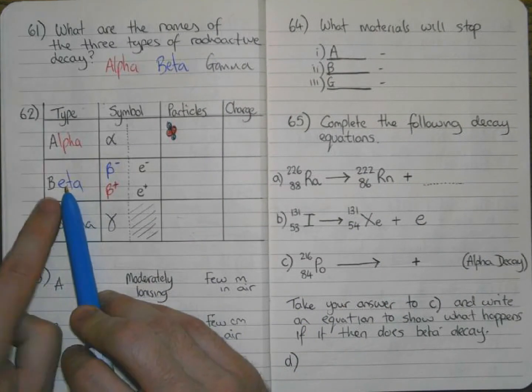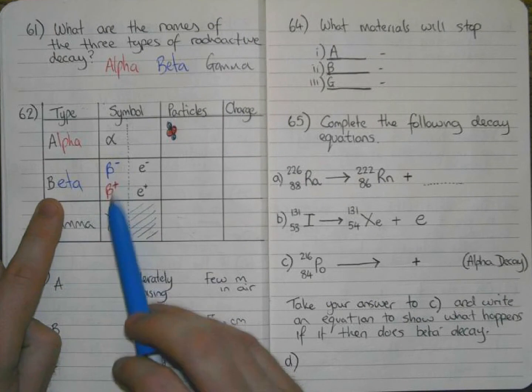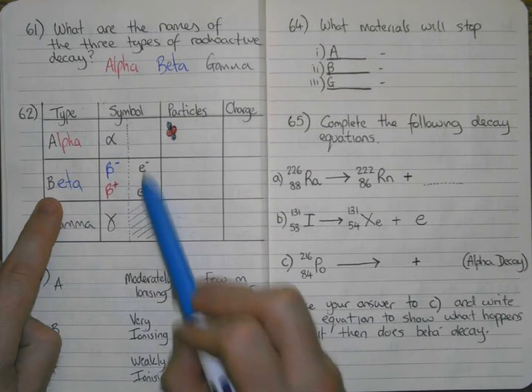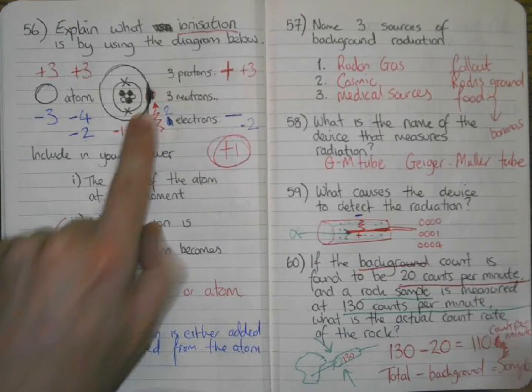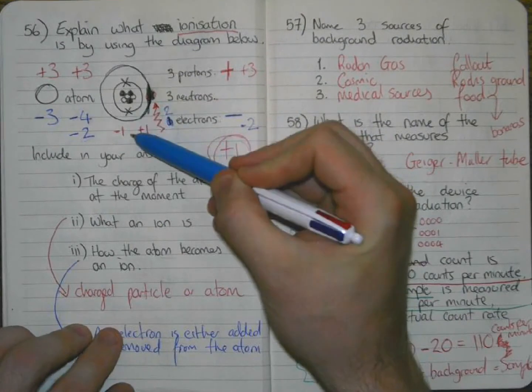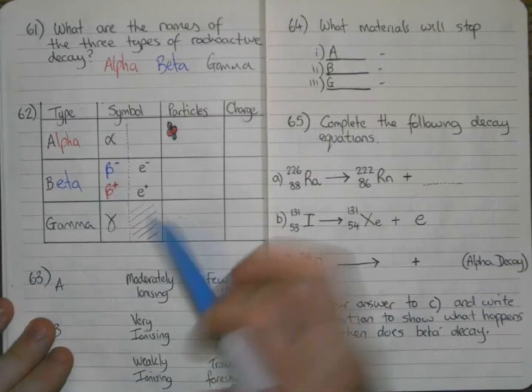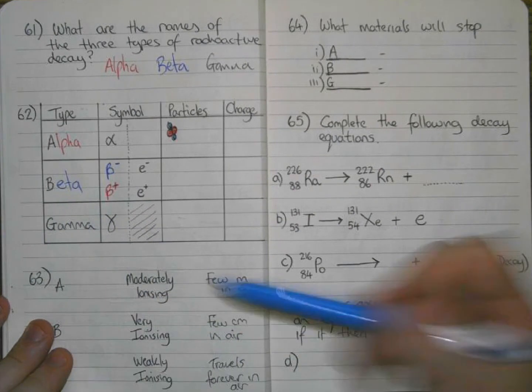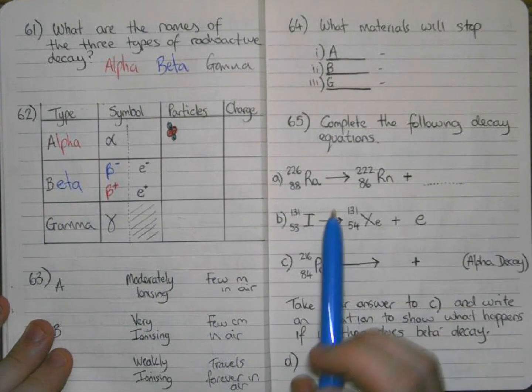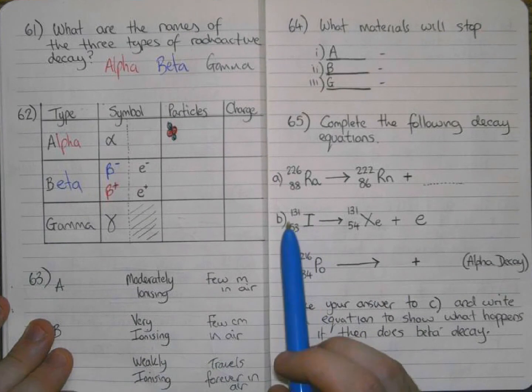In beta, it's a little bit more complicated because, one, people often see the electron and they think, oh, electrons, well, they're on the outside of the atom, so it must have come from here. That's not correct. Beta decay is still nuclear radiation, and it's called that because it comes from the nucleus.